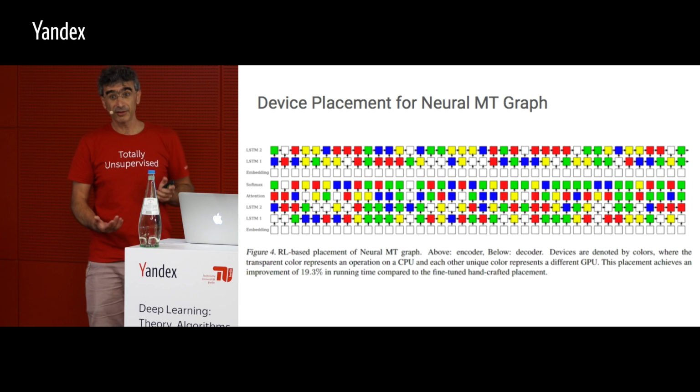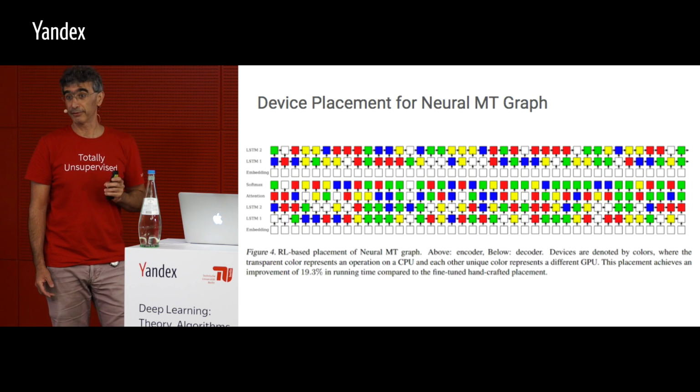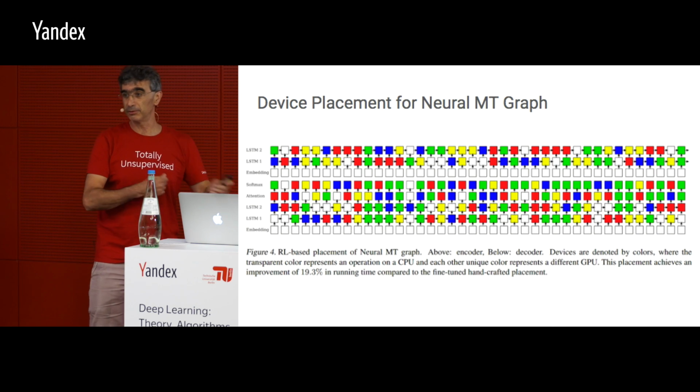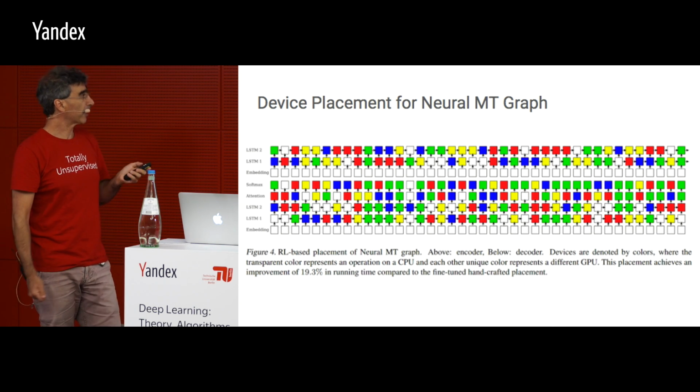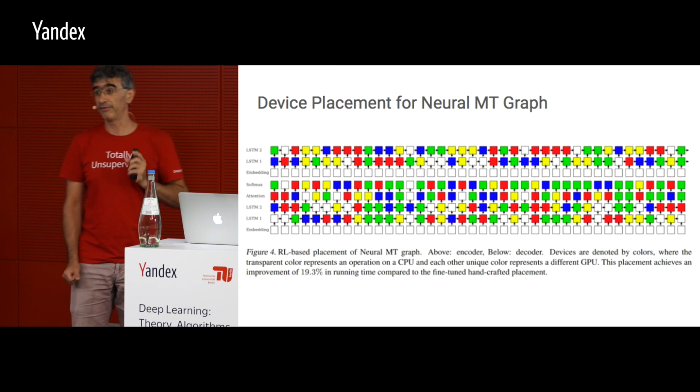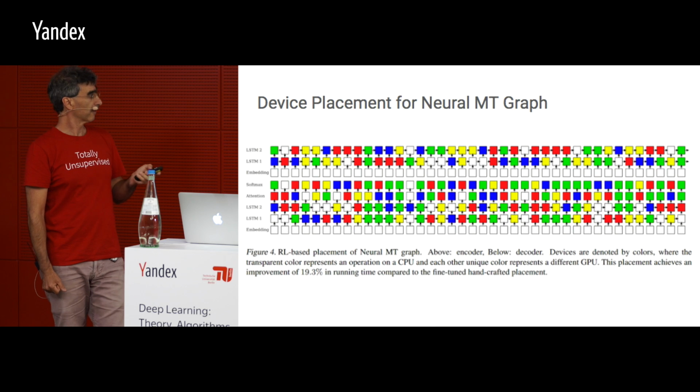So it's not at all the same thing as if you were to ask a human. It finds a very special way to go from a CPU to a GPU to another GPU and so on. Something that a human would have never found. But this is 20% faster than if you were to try yourself.